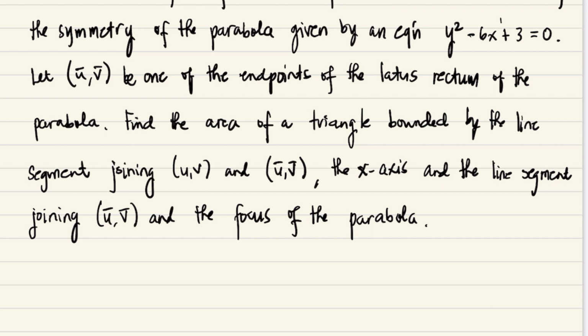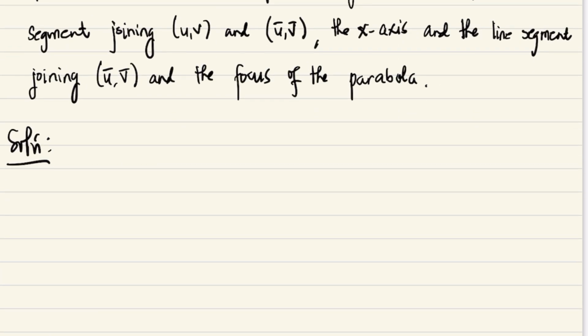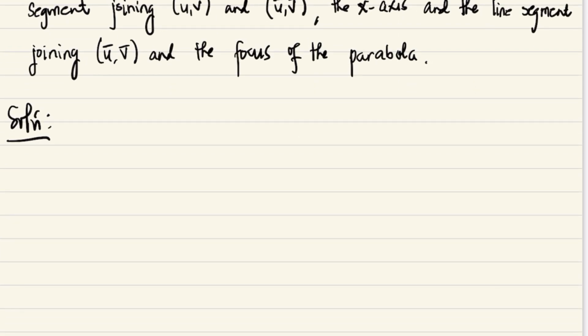Okay, now in order for us to figure this out, let us simplify first this equation here, because this is actually the equation of the parabola. In order for us to figure out how the graph looks like, let's rewrite that equation into the standard form of the parabola.